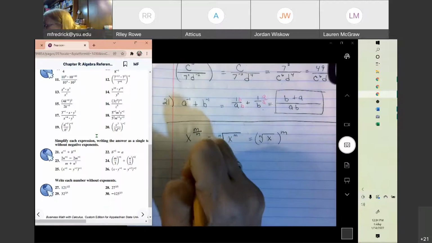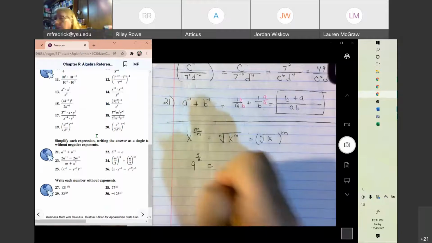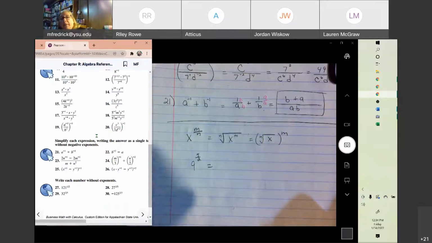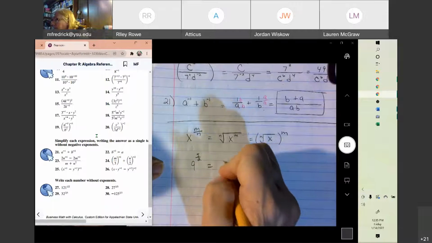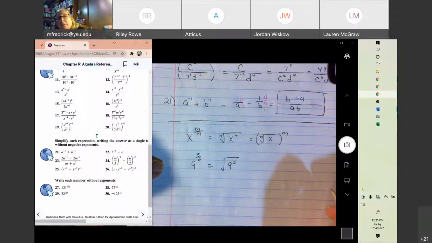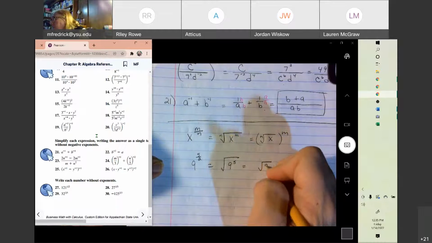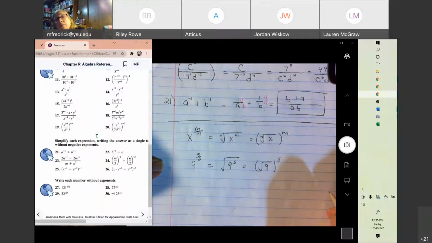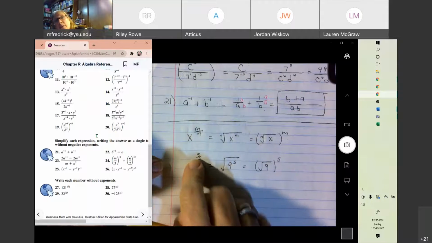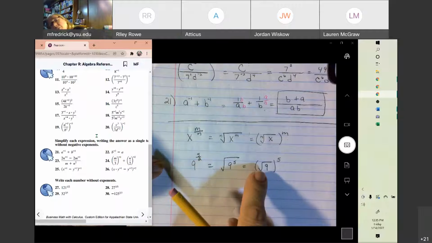For instance, if we had 9 to the 5 halves, we could rewrite that as 9 to the 5th and then take the square root of it. Or we could take the square root of 9 first and then take it to the 5th power. I'm using square root because this is a 2. And when it's a square root, you don't have to show the 2.